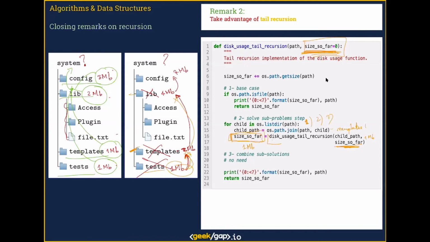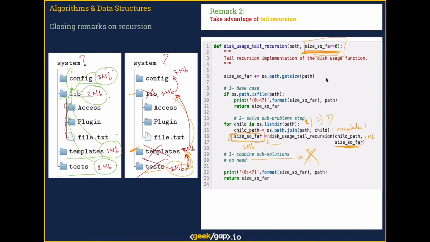It's going to say, okay, I need to compute the size of templates, and the size of templates is the size of tests plus the size of templates itself, and so on and so forth. So you're going to do the same for lib, and really this means that you don't need this combination step anymore. And that helps you to have a tail recursion implementation of the same algorithm.